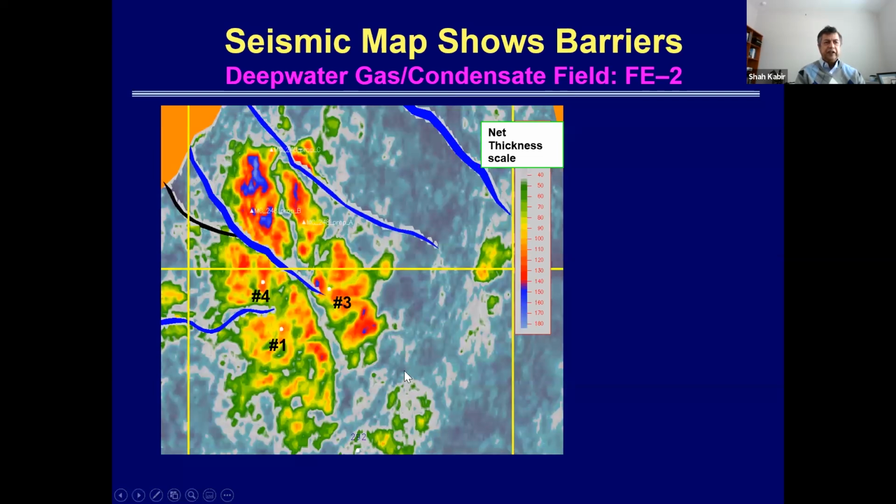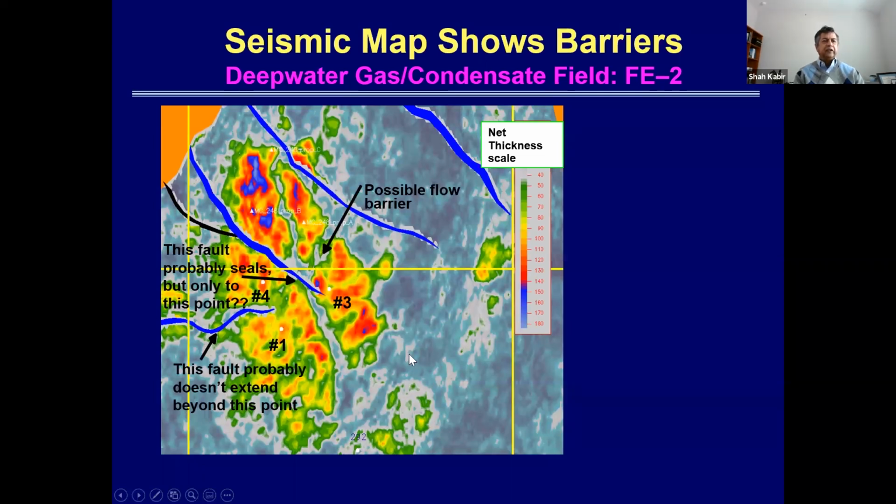And these are the real quotes from the geoscientist, not mine. It says the fault probably seals, this blue stuff. This fault probably doesn't extend beyond this. Possible flow barrier here.